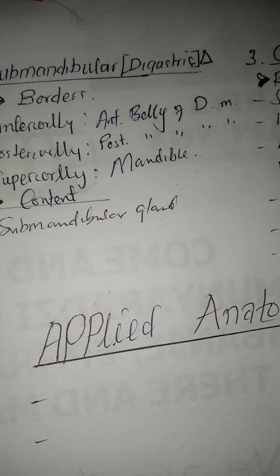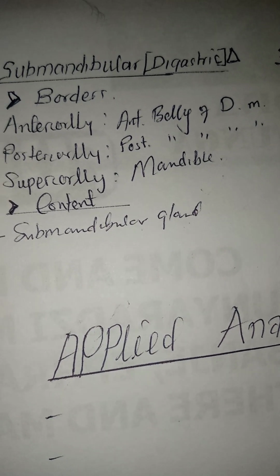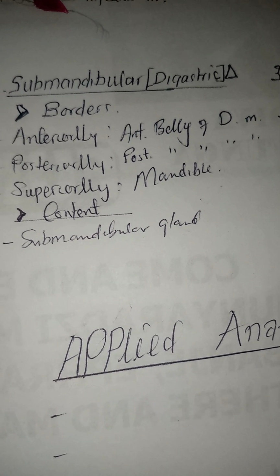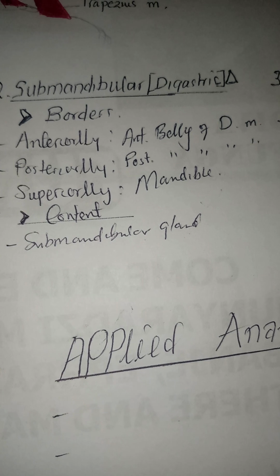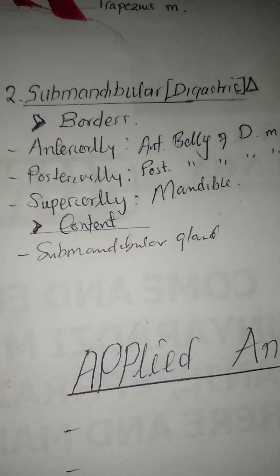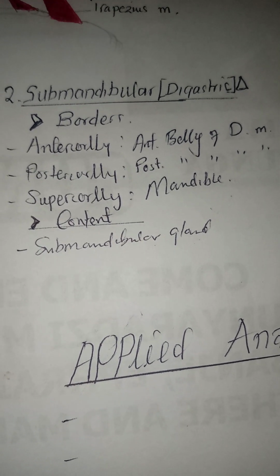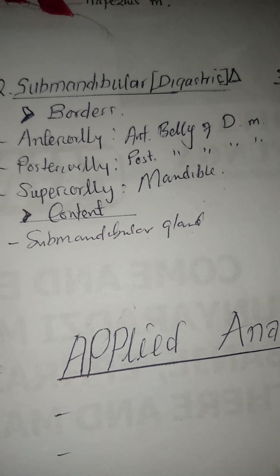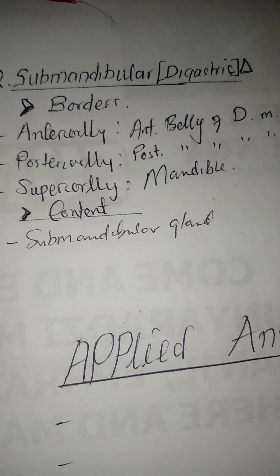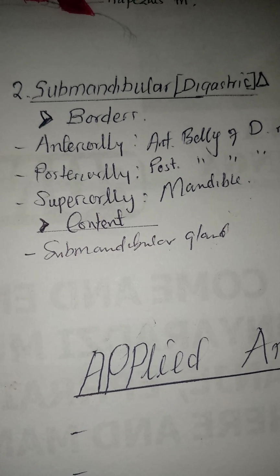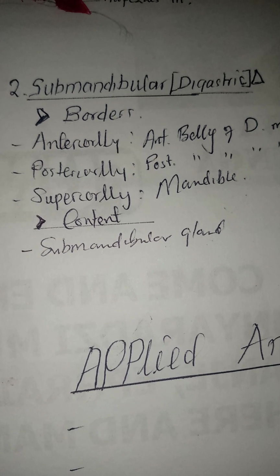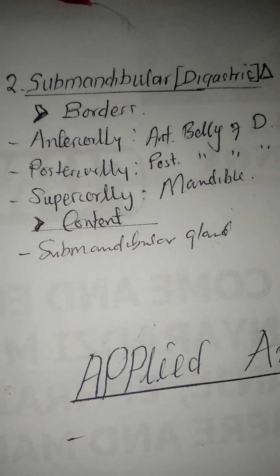Apart from that, we can talk of internal jugular vein puncture. It is one of the procedures also used clinically to collect blood. All right, we're done with the anterior triangle of the neck. In the next video we'll talk about the posterior triangle of the neck.